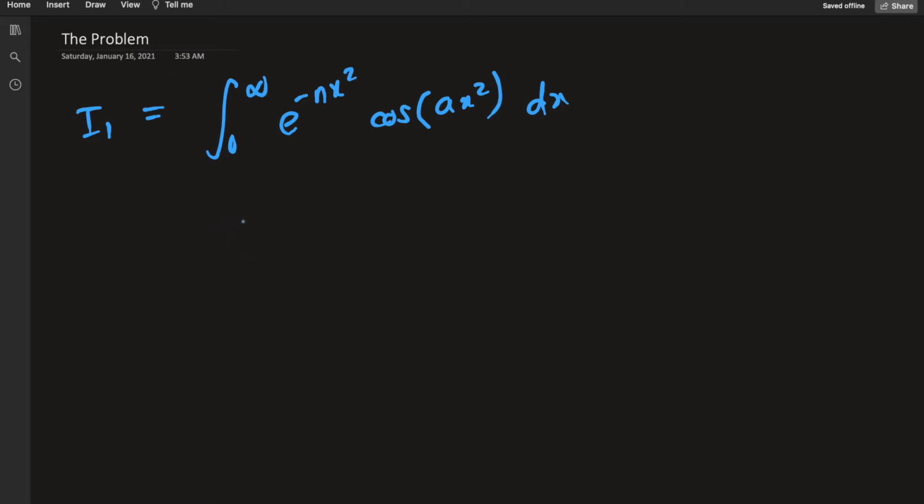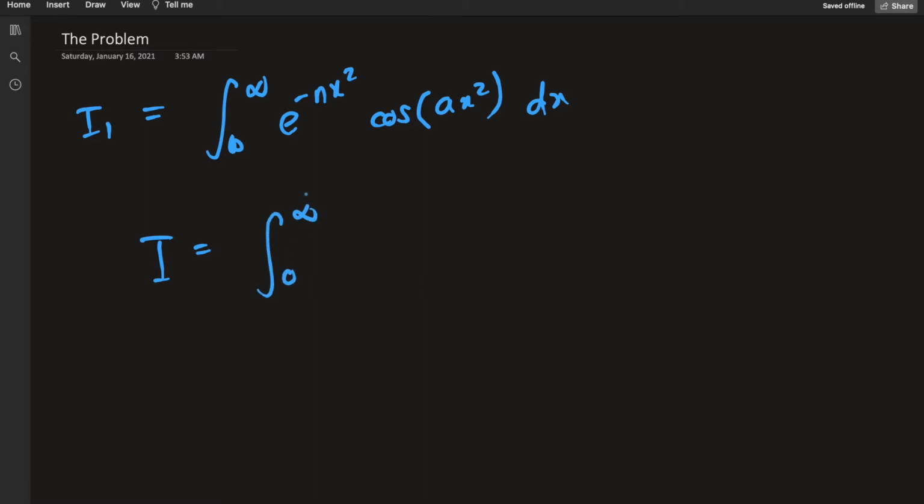Now to solve this, I tried the Leibniz rule of differentiating under the integral sign, but it wasn't particularly helpful. At least for me, it sort of complicated this integral even more by introducing an extra algebraic factor of x squared. So what I did was I just decided to go a fairly conventional and simple or obvious route.